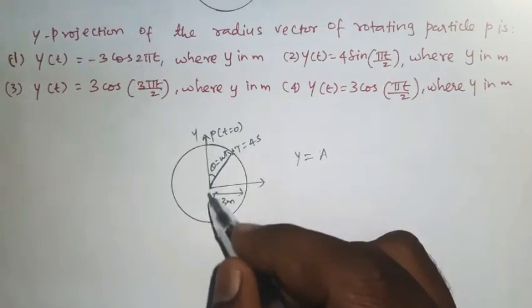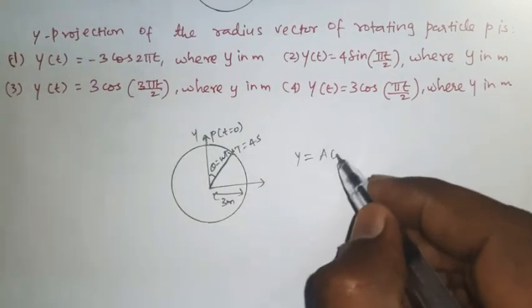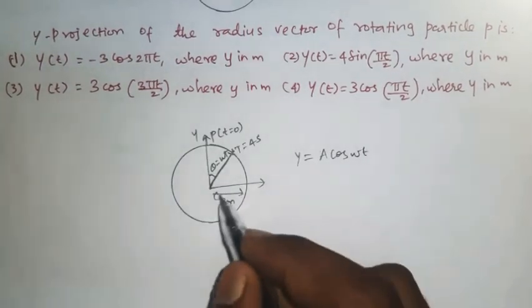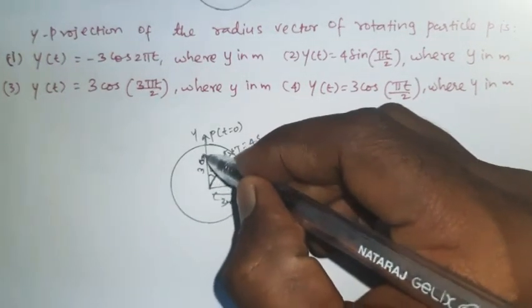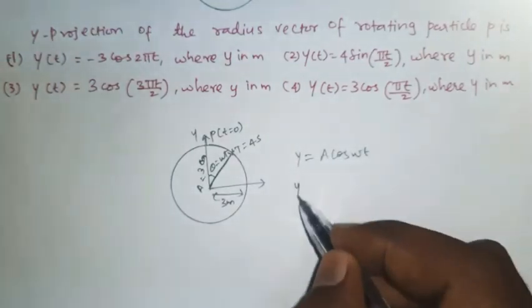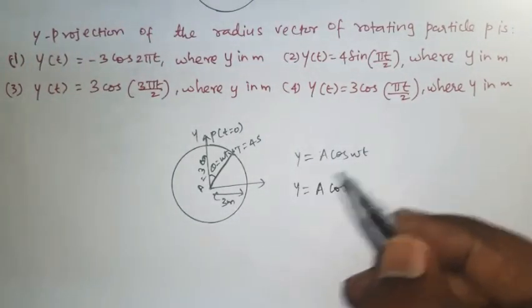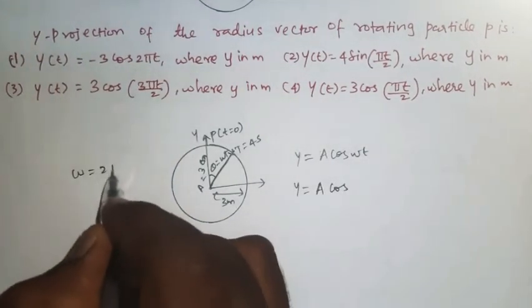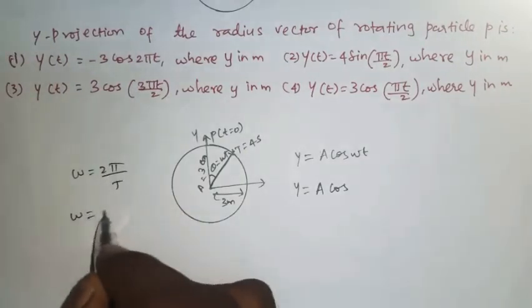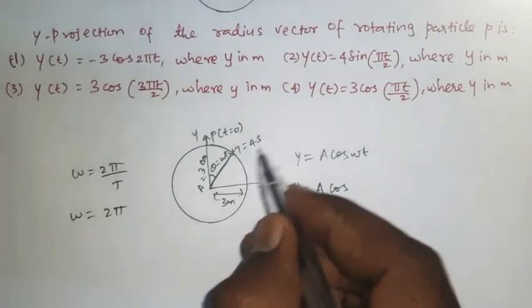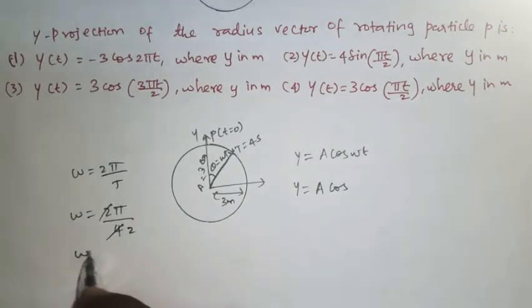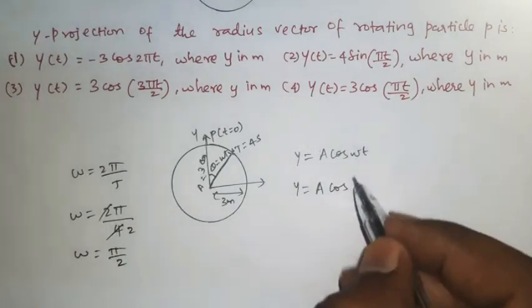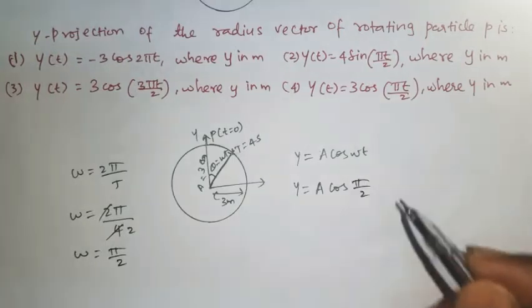Here we can take the radius. A value is 3 meter, the maximum displacement. Omega is equal to 2 pi by T, with T equal to 4 seconds, so 2 pi by 4. If we cancel, we get 2 pi by 2... so omega is equal to pi by 2.